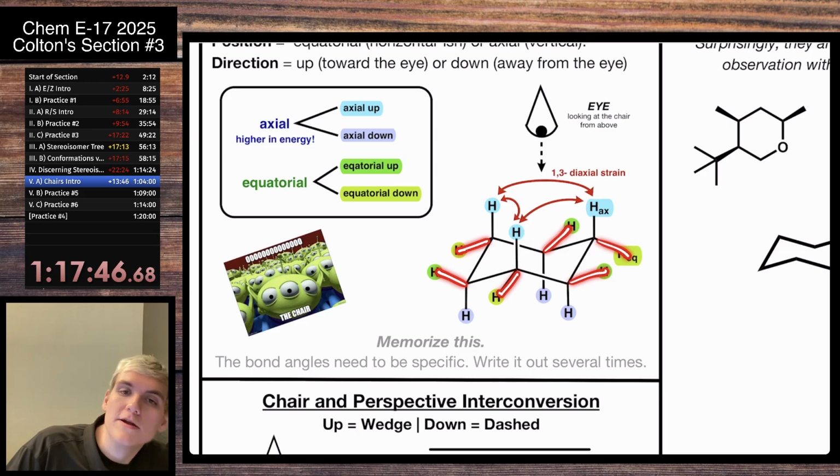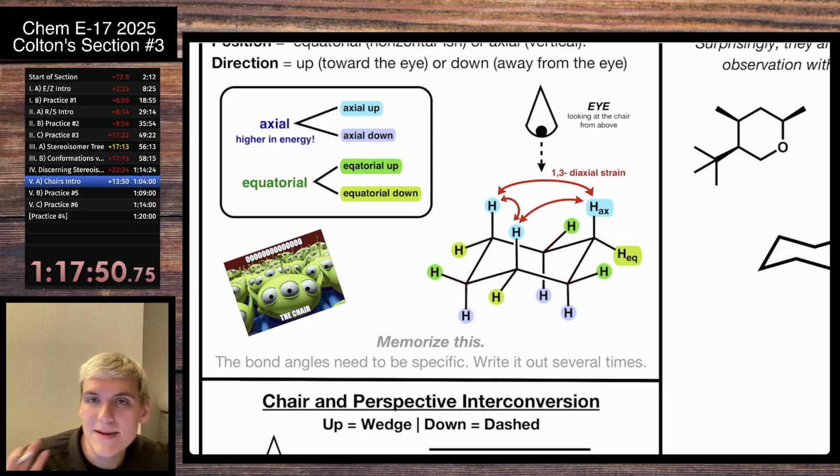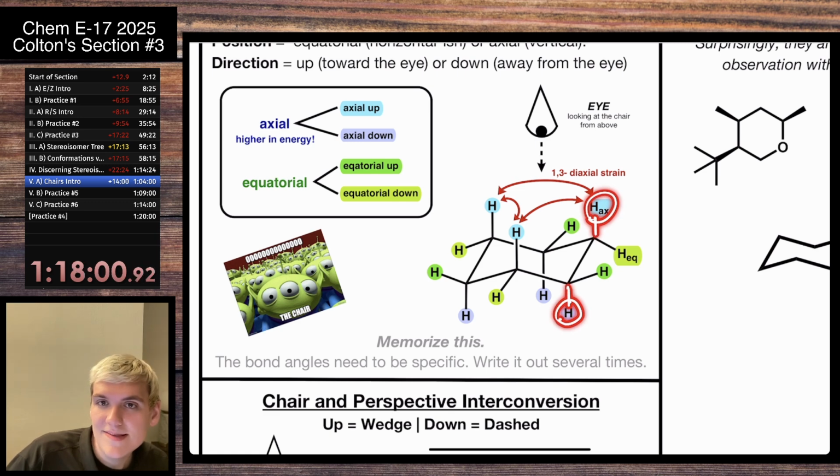These are the equatorial positions. And so one thing that you'll notice with this up and down nomenclature and this axial equatorial nomenclature is we have some axial up positions and we have some axial down positions. And then same with equatorial. We have some equatorial up and we have some equatorial down.